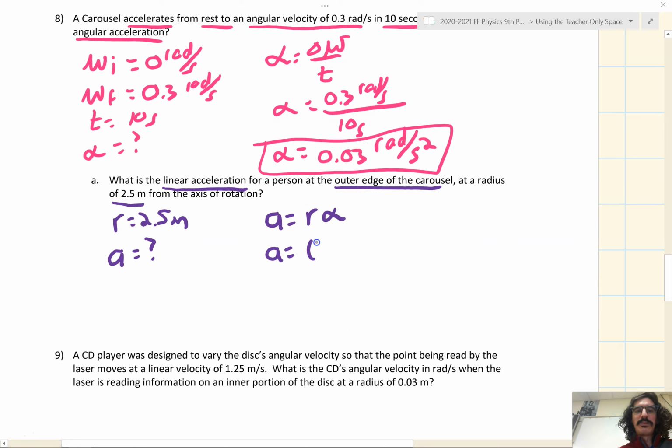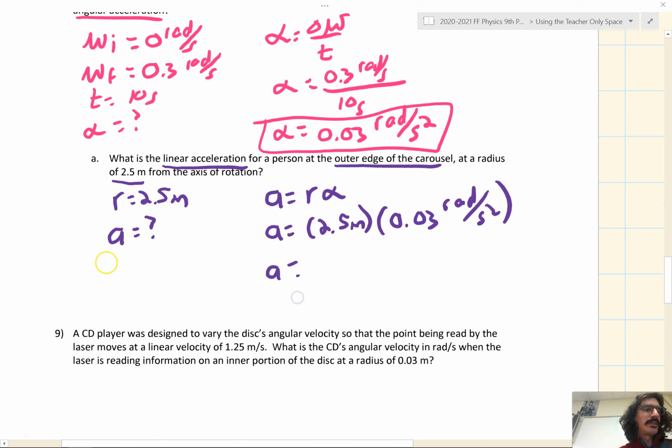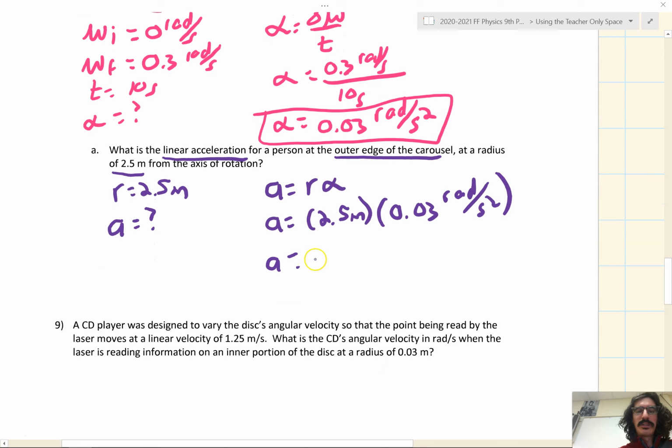The linear acceleration is equal to 2.5 meters times 0.03 radians per second squared. Plug and chug, we get an acceleration of 0.075 meters per second squared.